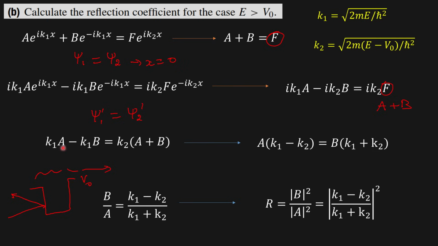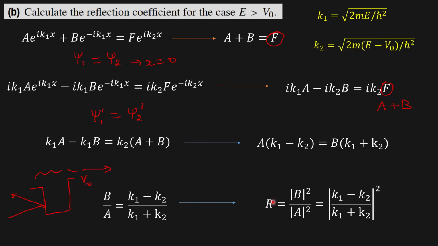If you take A outside, you have k1 minus k2. Then B, you bring k1 to the other side, you will get B (k1 plus k2). So if you take the ratio between B and A, B by A, you bring k1 plus k2 to the denominator. So B over A is equal to (k1 minus k2) over (k1 plus k2).